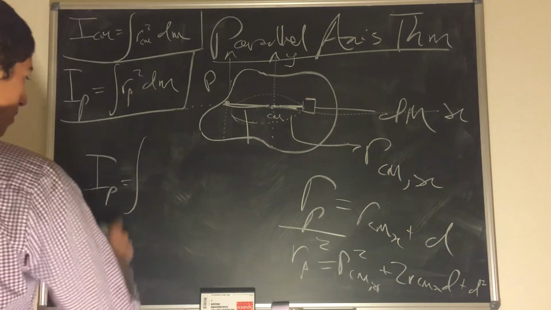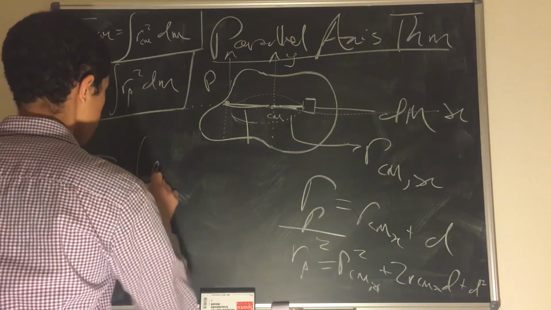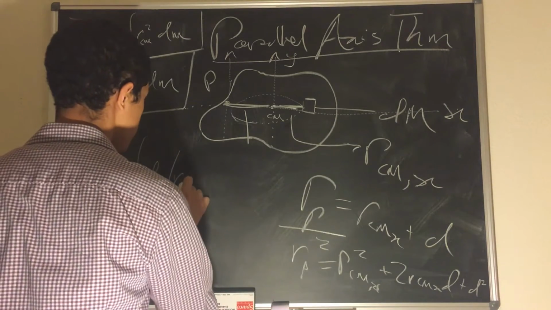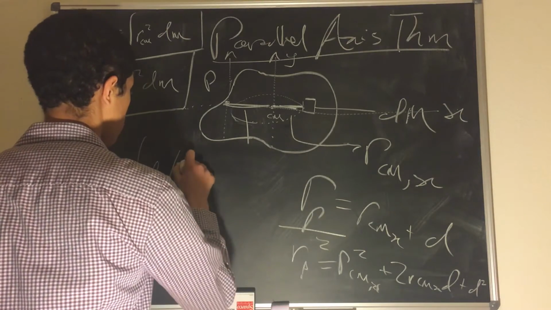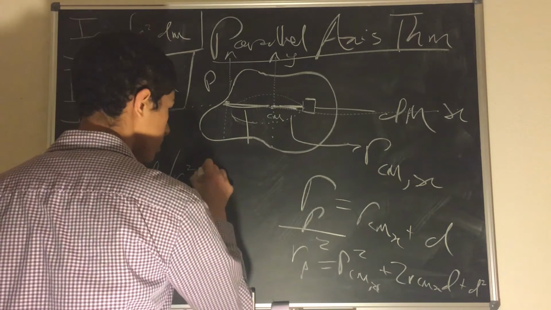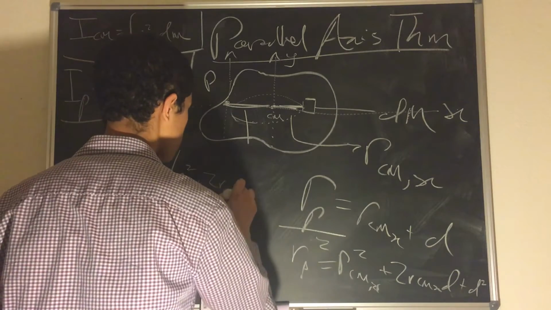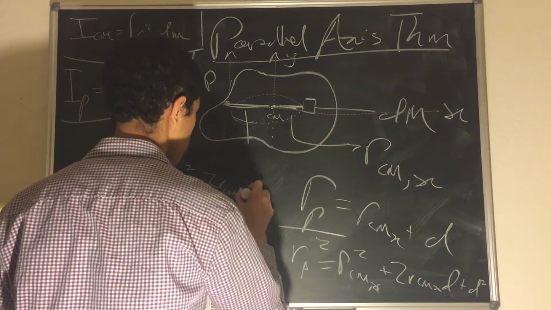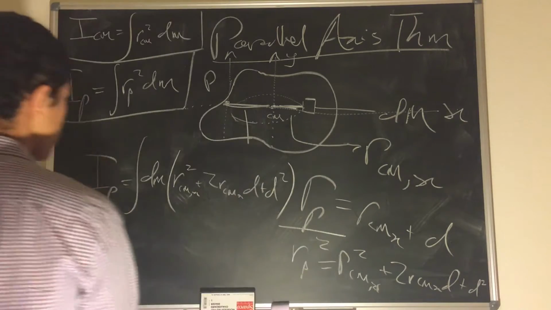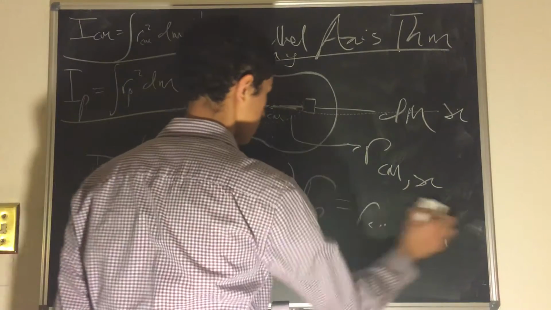So then I_P is equal to the integral of dm times (r_CM,x squared plus 2 r_CM,x d plus d squared). Wonderful. Now we can erase this.